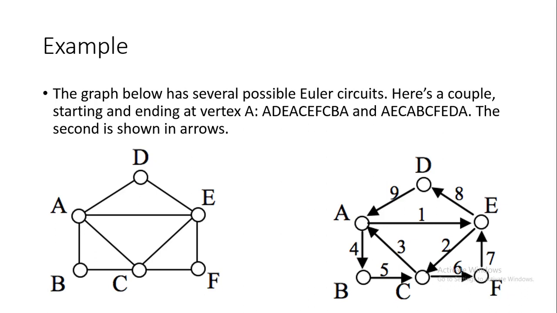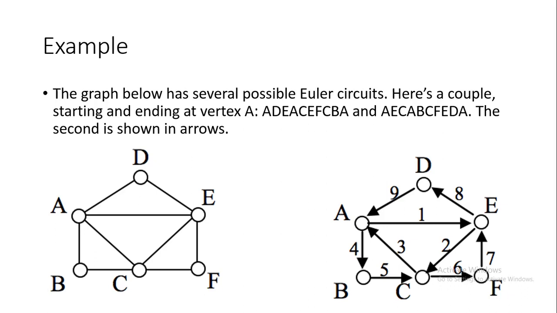There is another circuit also. See here, first AD, then DE, then EA, then AC, then CE, then E to F, then F to C, C to B, and then B to A. This is also another circuit of this graph G. So there are two circuits.